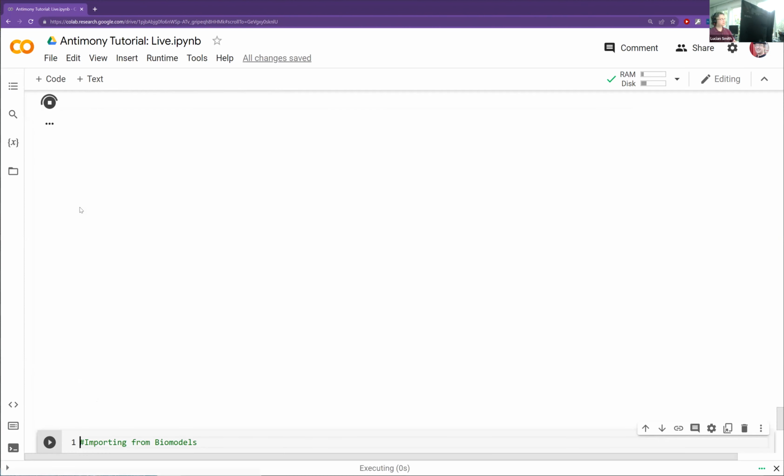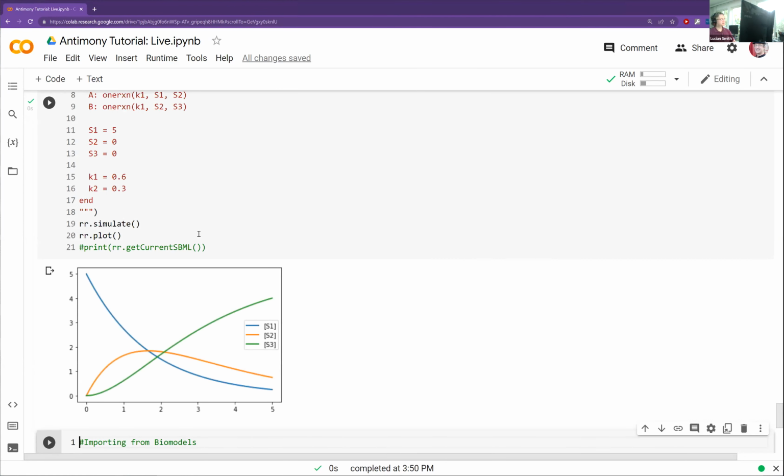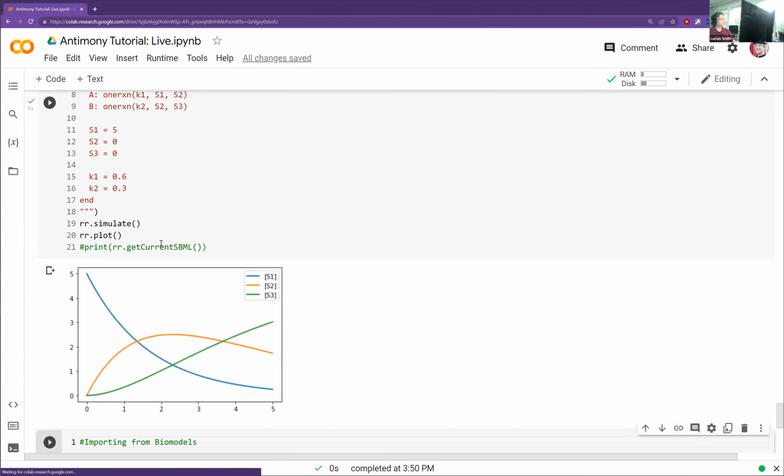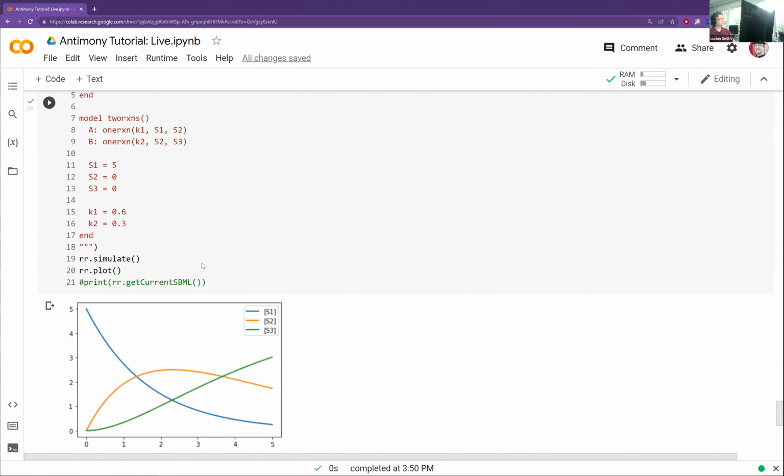And if I run this, I should get what I had before, but now I've done it modularly. What I've done is create this very basic submodel that is just a reaction. And oops, here, this is actually K2, so that wasn't quite the same because the K2 was off.